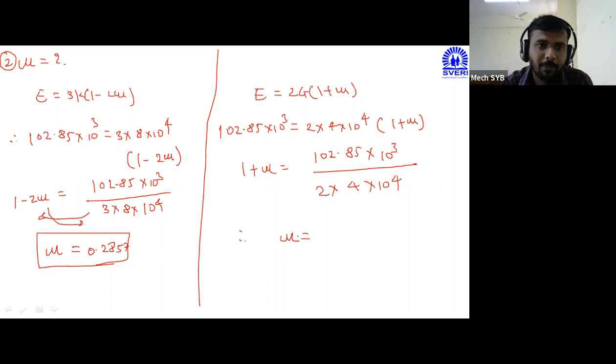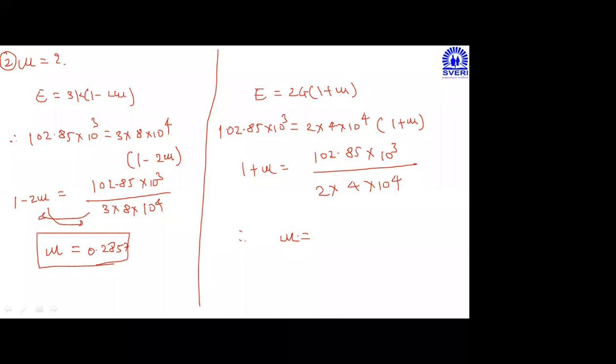Either using the relation between E and K or using the relation between E and G for the mu calculation, the mu is same or different, just for your verification. Do the calculation and then tell me the answer. Same, sir. Same.